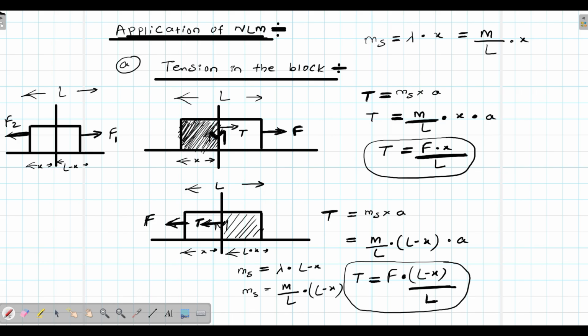So Tx equals F2 into L minus x by L plus F1 into x divided by L, that is the tension. So application of NLM, that is the tension in the block formula.